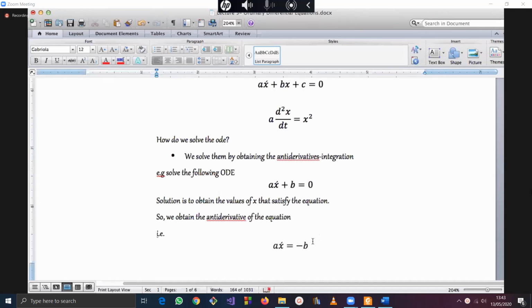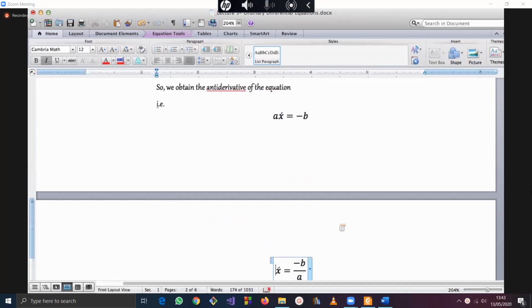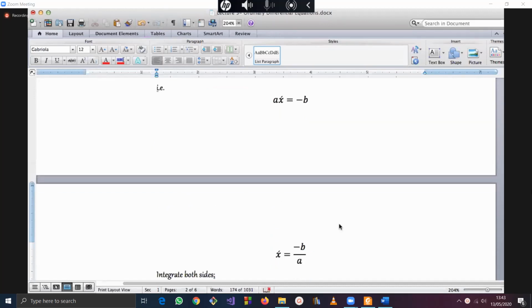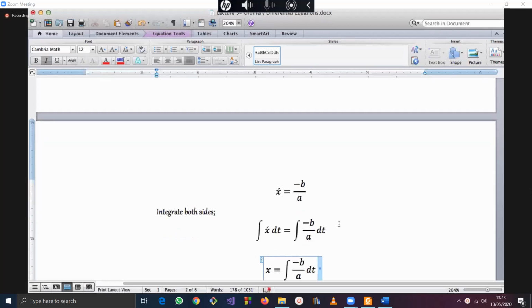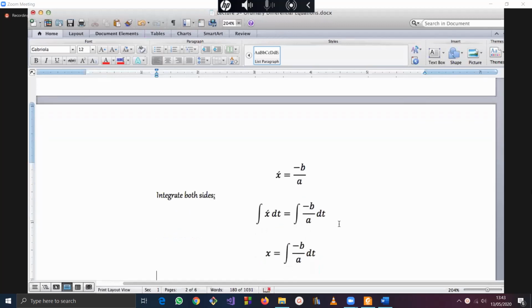And to do that, we need to make x the subject of the formula, or you take like terms on one side, and that's basically manipulation. Essentially, we are saying that this is now the solution: if you integrate this, whatever you obtain becomes the solution to the differential equation.